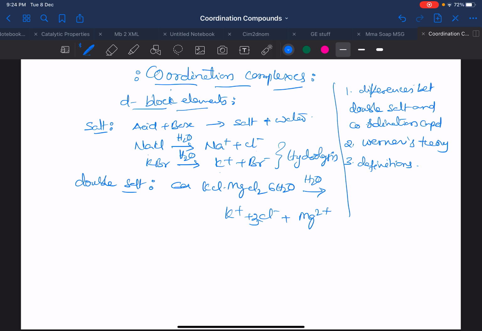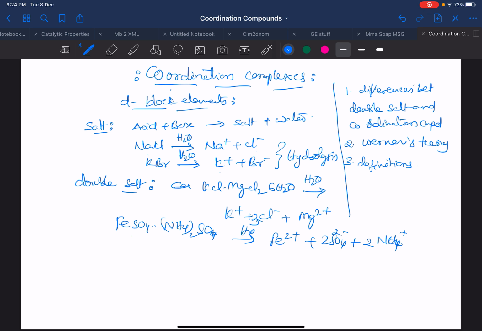Similarly, another double salt is FeSO4.(NH4)2SO4, ferrous ammonium sulfate. On hydrolysis it gives Fe2+ ions, 2 SO4 2- ions and 2 NH4+ ions.